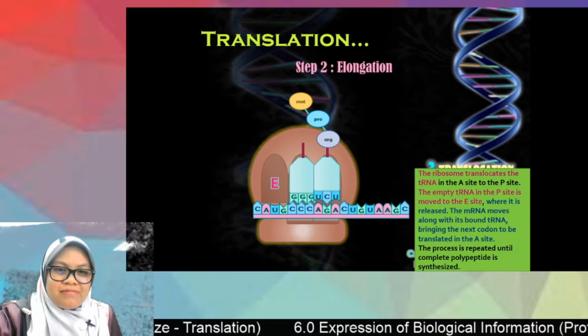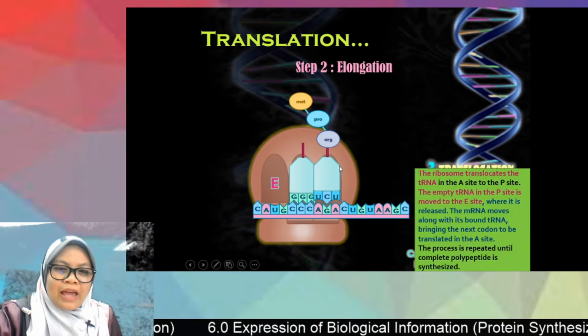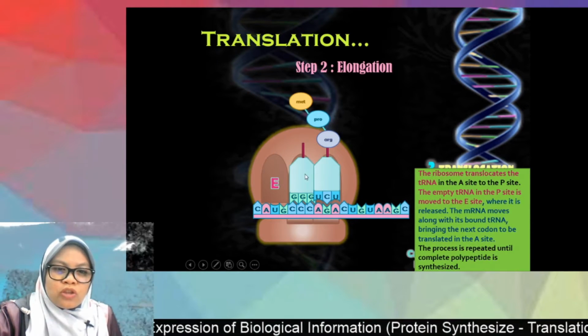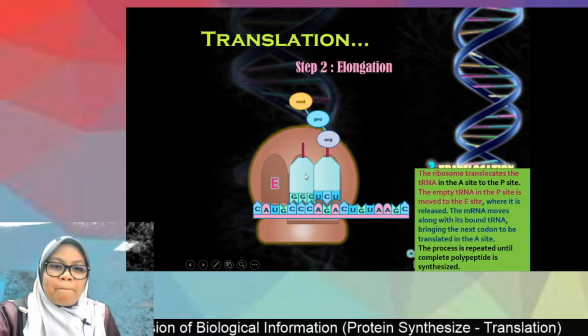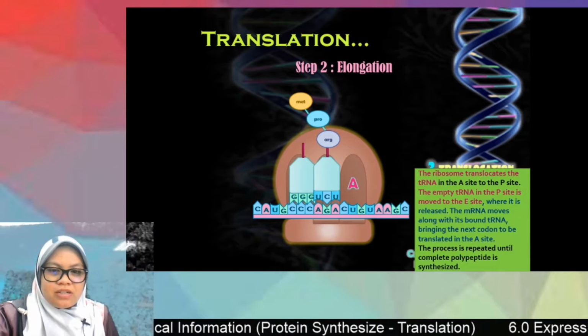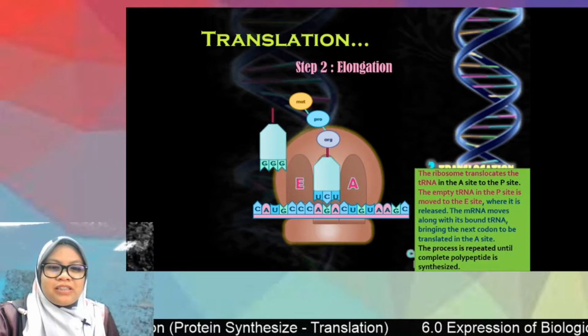The third is translocation, because now it's not the amino acid tRNA anymore. So it needs to translocate to the P site, which is the site for peptidyl tRNA. So here translocation occurs. And then codon recognition again.